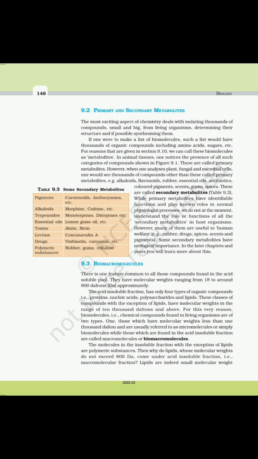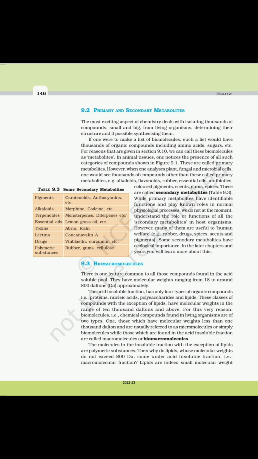9.3 Biomacromolecules. There is one feature common to all those compounds found in the acid soluble pool. They have molecular weights ranging from 18 to around 800 Daltons approximately. The acid insoluble fraction has only 4 types of organic compounds, i.e., proteins, nucleic acids, polysaccharides, and lipids. These classes of compounds, with the exception of lipids, have molecular weights in the range of 10,000 Daltons and above.